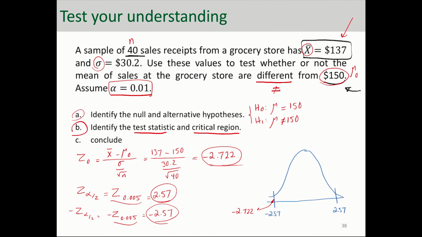Well, that means we are in the critical region. So since negative 2.722 is less than negative 2.57, which is the critical value, we reject the null hypothesis. So what we say here is that the average sales at this grocery store is not equal to 150. So we reject that. Essentially, we're accepting the alternative hypothesis.